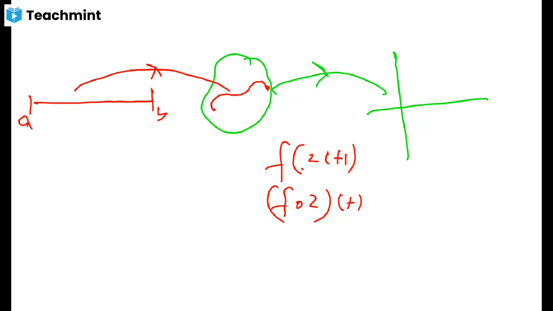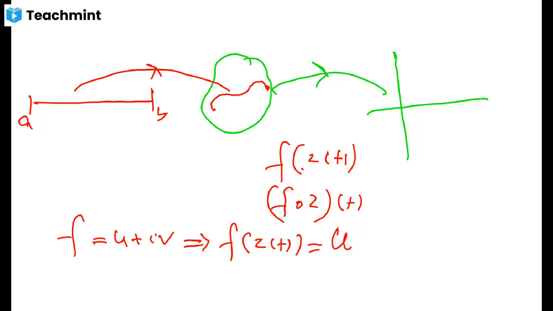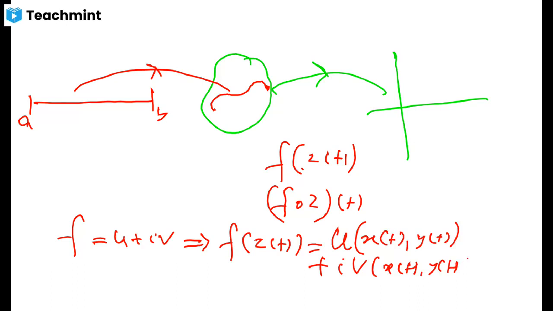And if we consider the component form u plus iv, then f of z of t has to be u of x of t, y of t plus i times v of x of t, y of t.